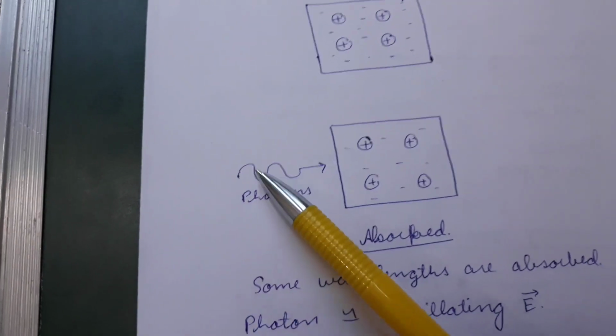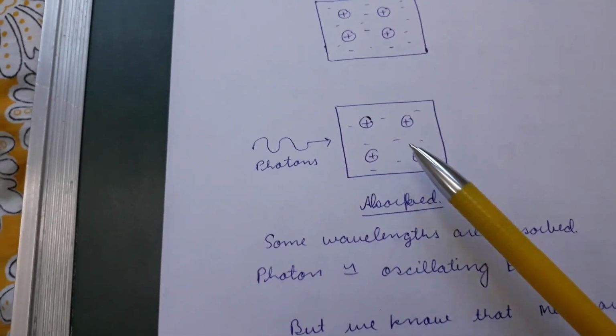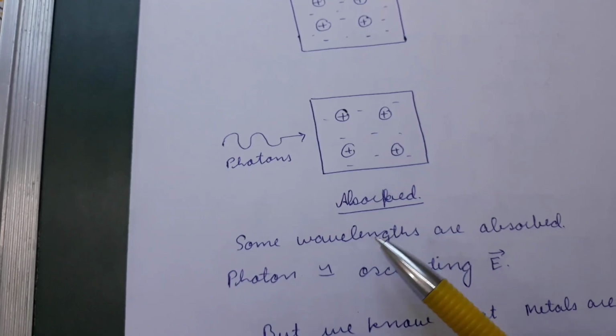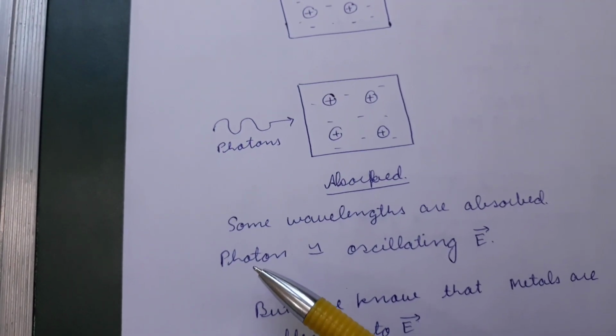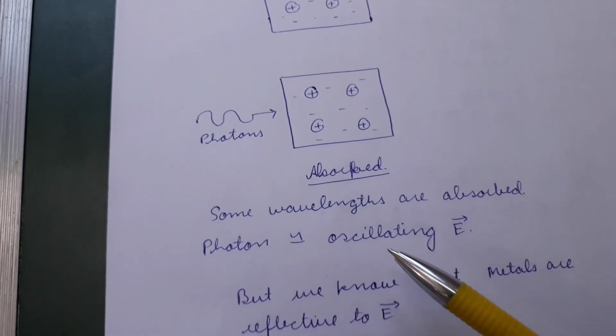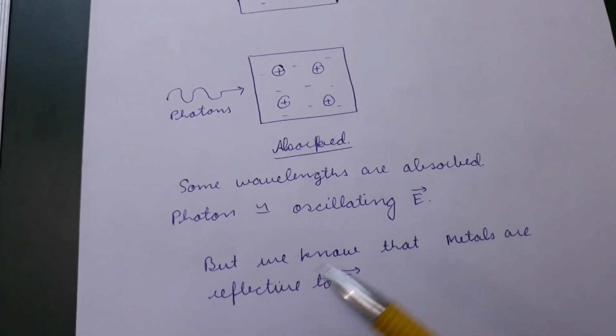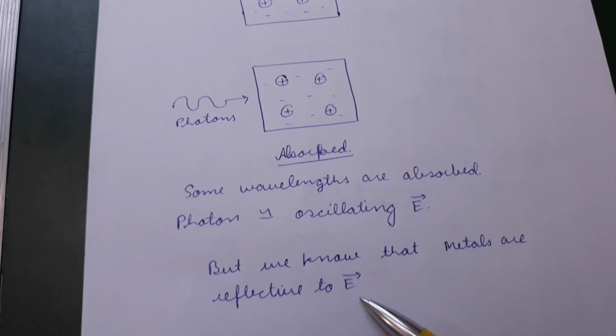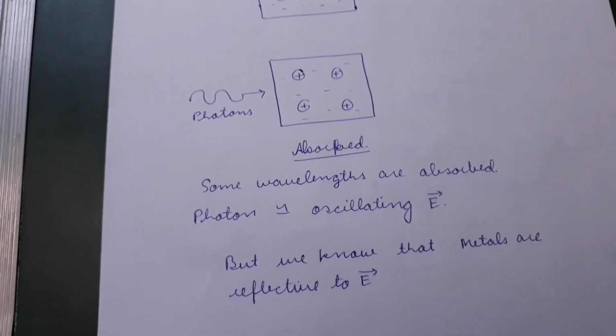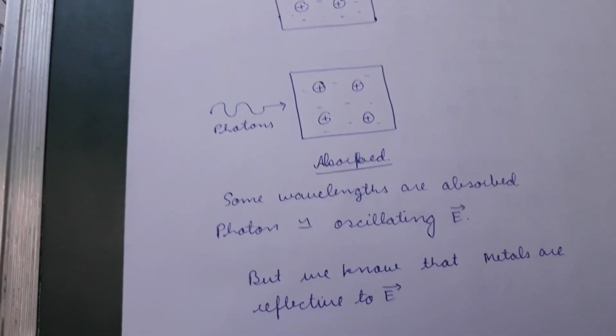We see that when a photon is incident on a metal, it is getting absorbed. But what is a photon? A photon is an oscillating electric field. While we have studied that metals are reflective to electric field and the electric field inside a metal is zero.